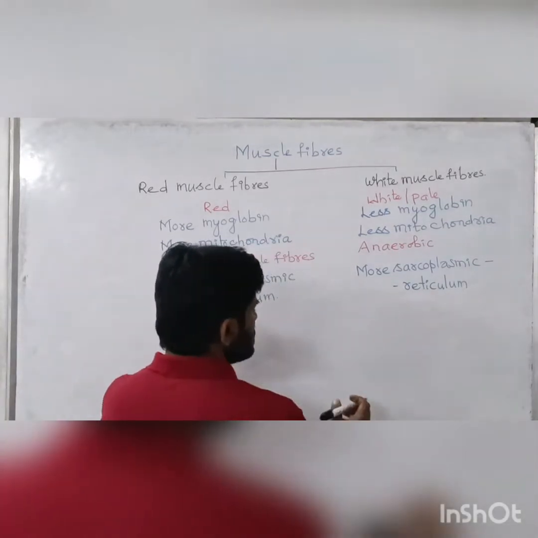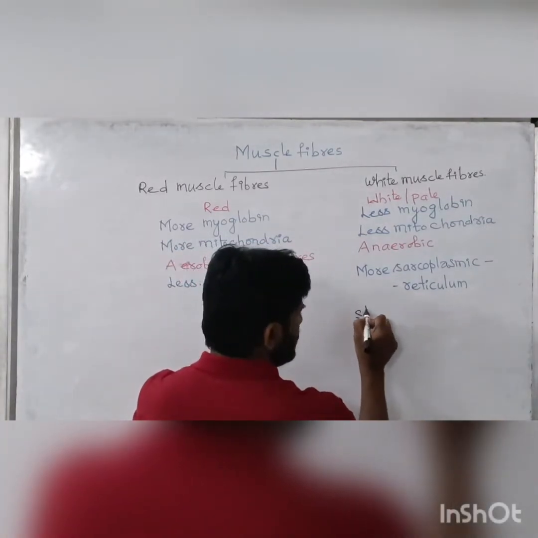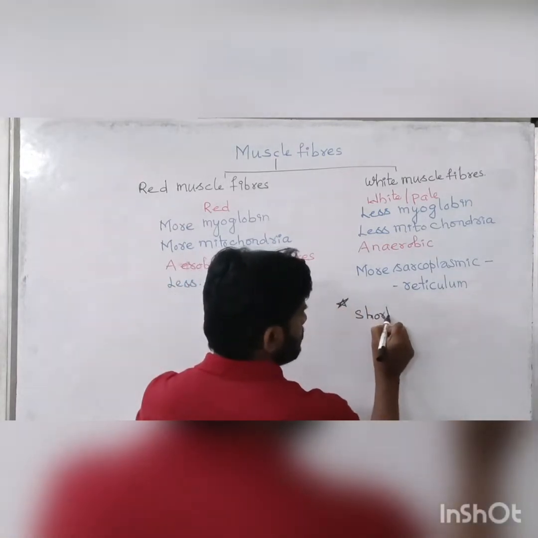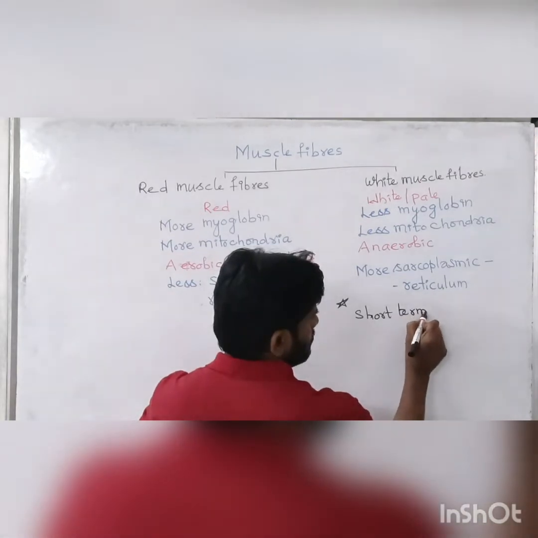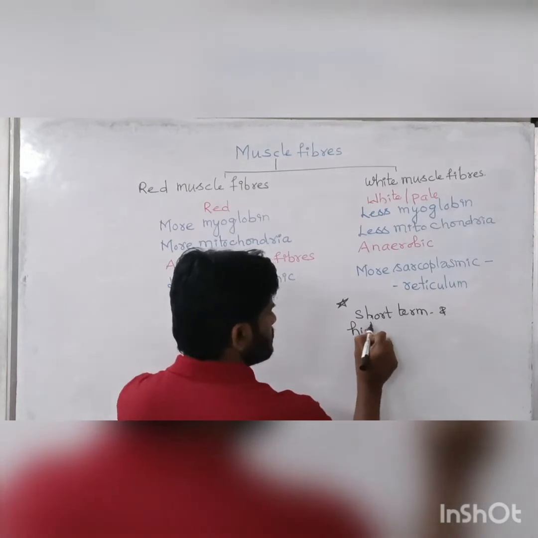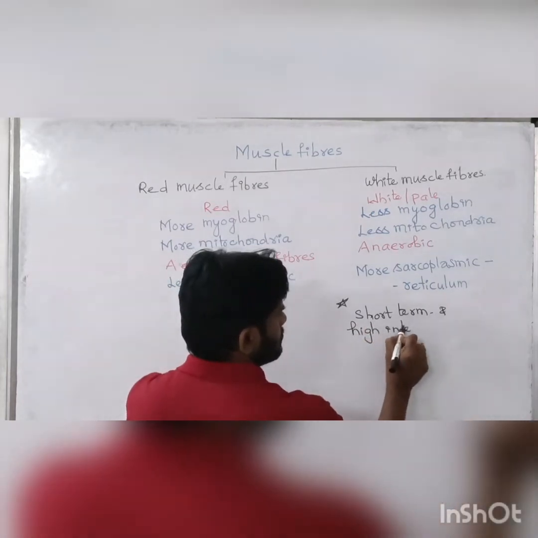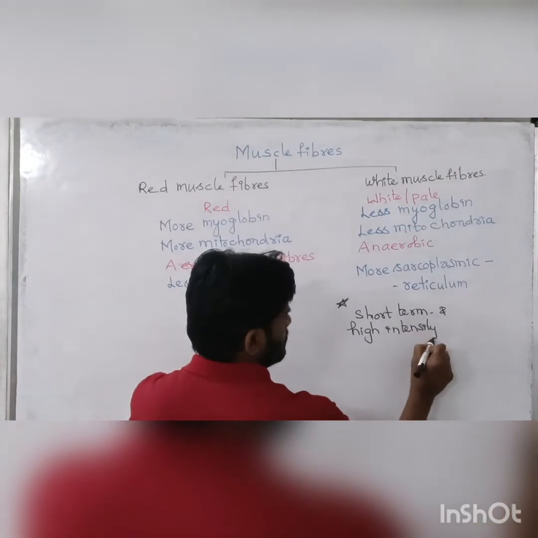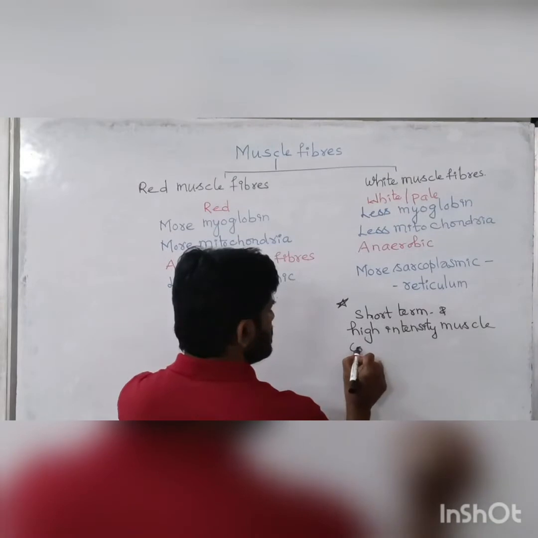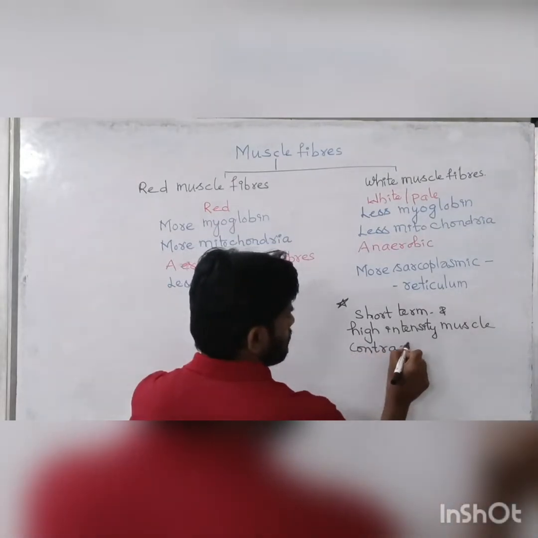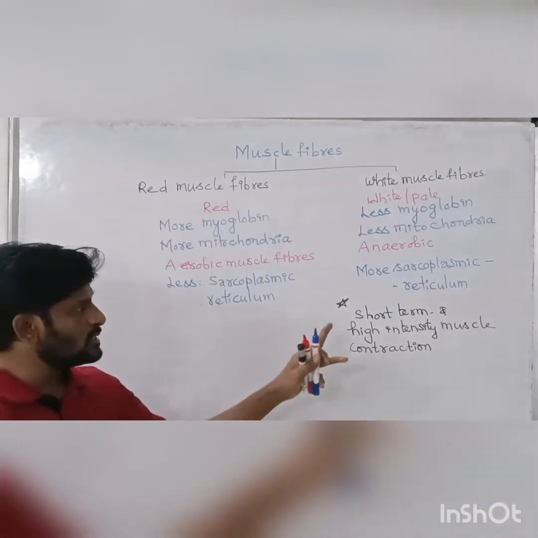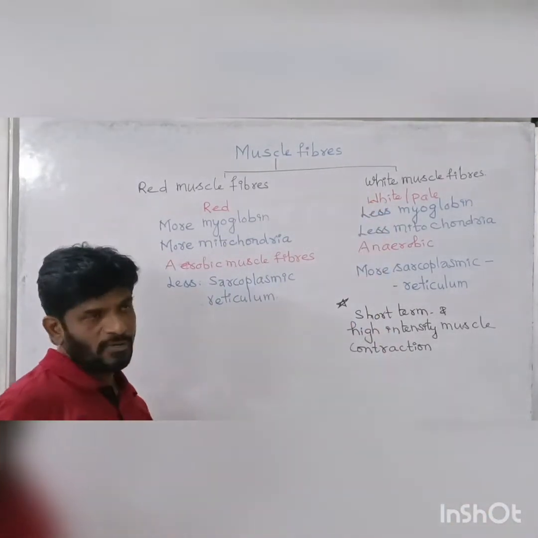White muscle fibers exhibit short term, very important, short term and high intensity muscle contraction. Very short term and high intensity muscle contraction is exhibited by the white muscle fibers.